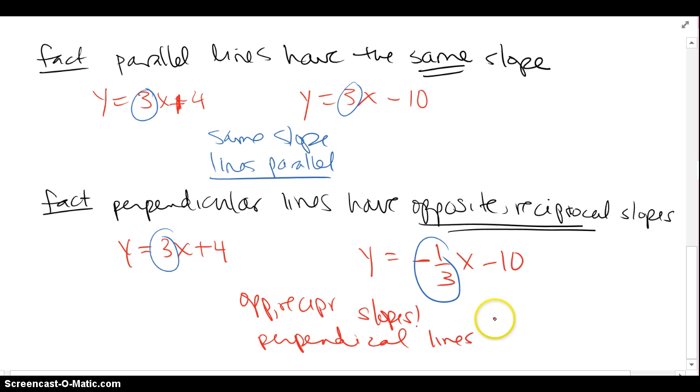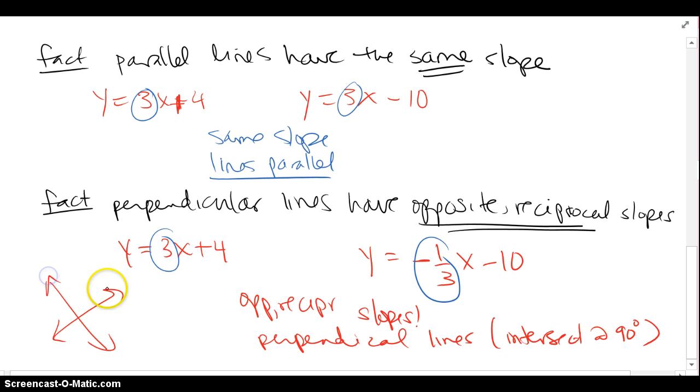And that means, of course, they intersect at a 90-degree angle. If I were to graph them, one of them would look like that, and the other one would look like that, and they intersect at a 90-degree angle. Whereas for the parallel lines, they would both have the same rise over run, the exact same slope.